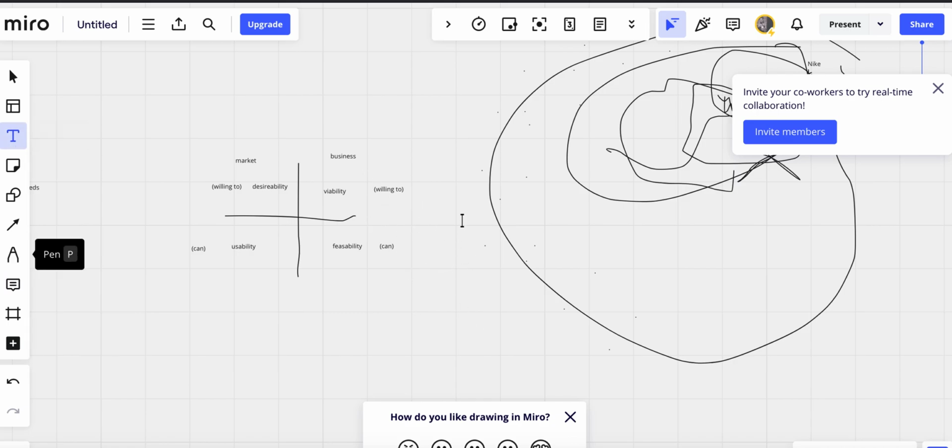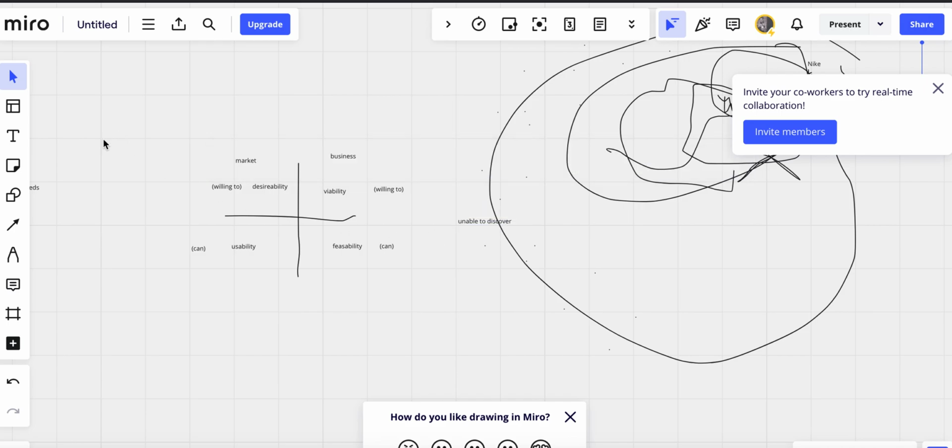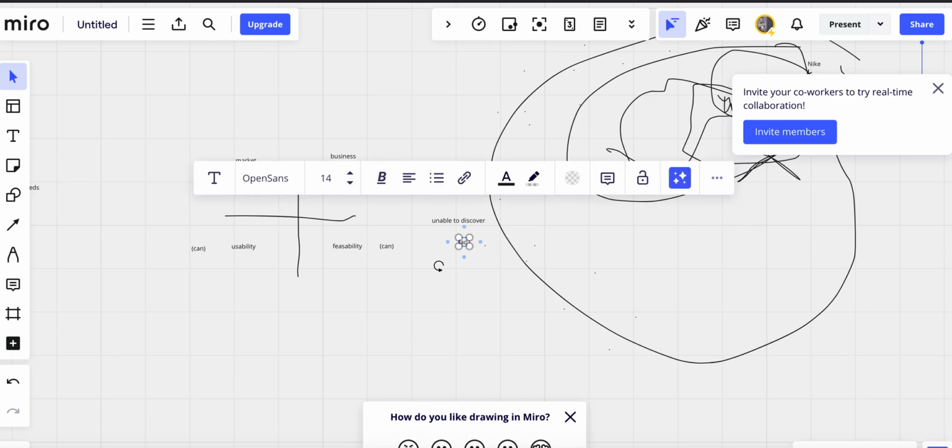So outside of this, we could put unable to discover. And the unable to discover could be through lack of information, lack of info.